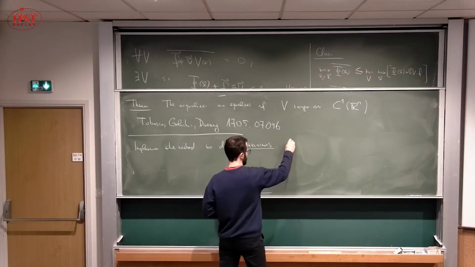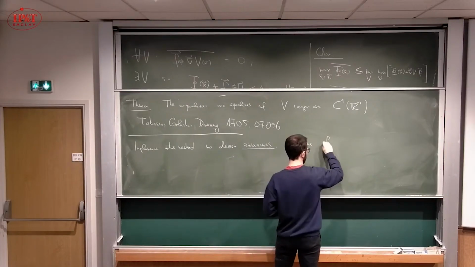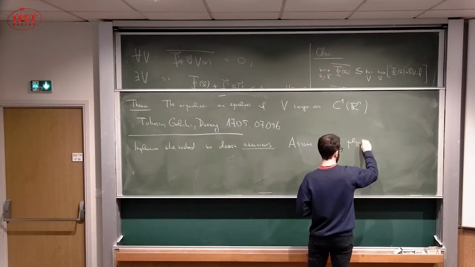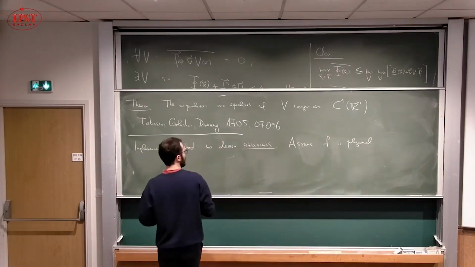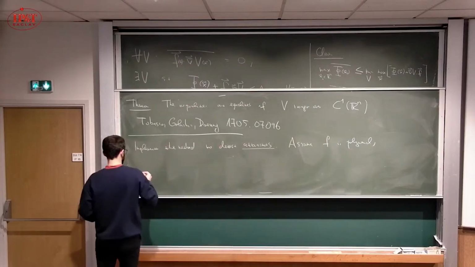And we are going to assume that f is polynomial and use a polynomial ansatz for V.